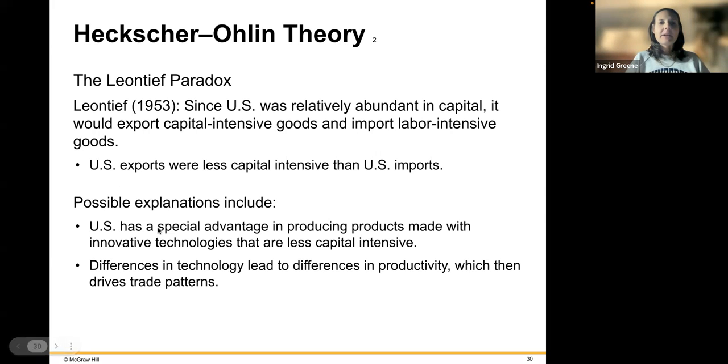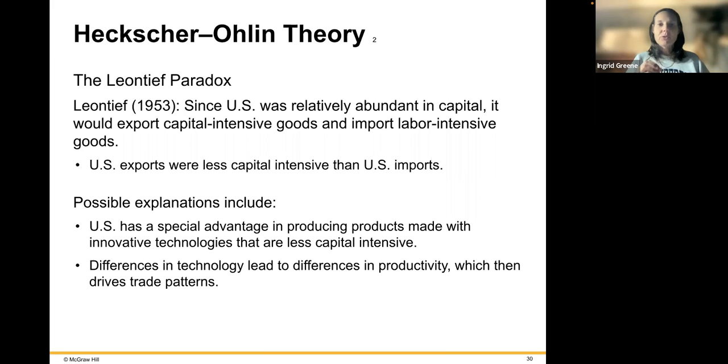But some possible explanations include that the U.S. has a special advantage in producing products made with innovative technology that are less capital intensive. So it's kind of like an exception because of the type of products that we import and export. And the differences in technology lead to differences in productivity, which then drives trade patterns. So again, it's very particular to the type of products that the United States is importing and exporting.